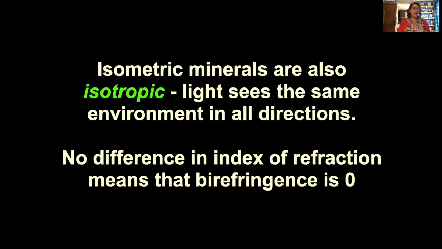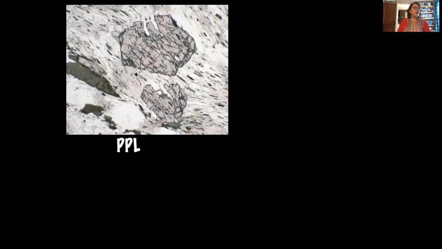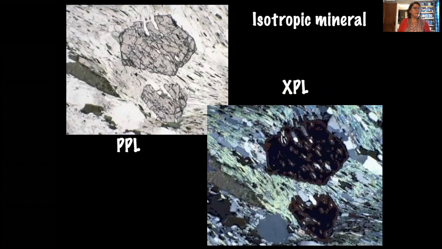Now, we know that in isometric minerals and isotropic minerals, light sees the same environment in all directions. And that means there's no difference in index of refraction, and birefringence is 0. So if we find a mineral like this in plane polarized light and we cross the polars and it becomes extinct, the birefringence is 0, we have an isotropic mineral.